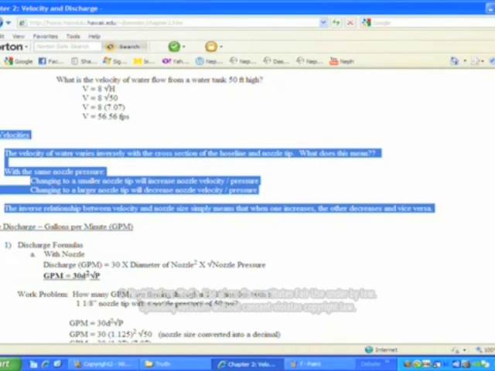Changing to a larger nozzle tip will decrease nozzle velocity and pressure. The inverse relationship, the same thing the gentleman we just saw stated, the inverse relationship between velocity and nozzle size simply means that when one increases, the other decreases, and vice versa.